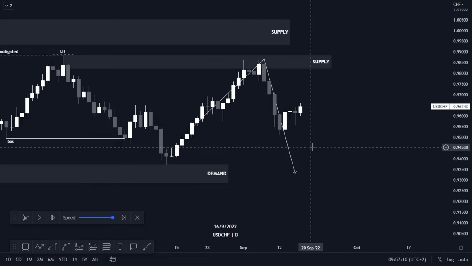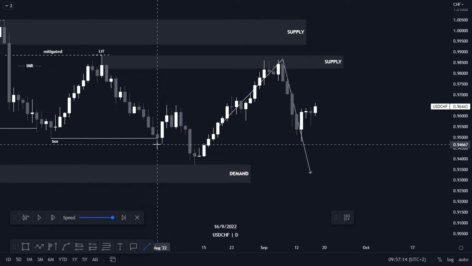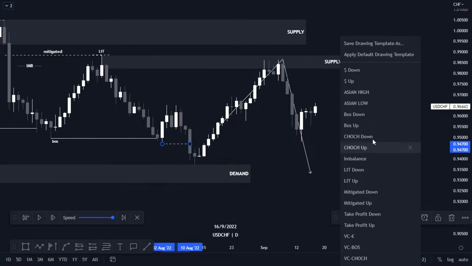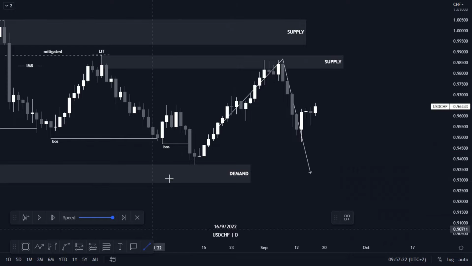As you can see here, we also have a BOS and change of market character here.